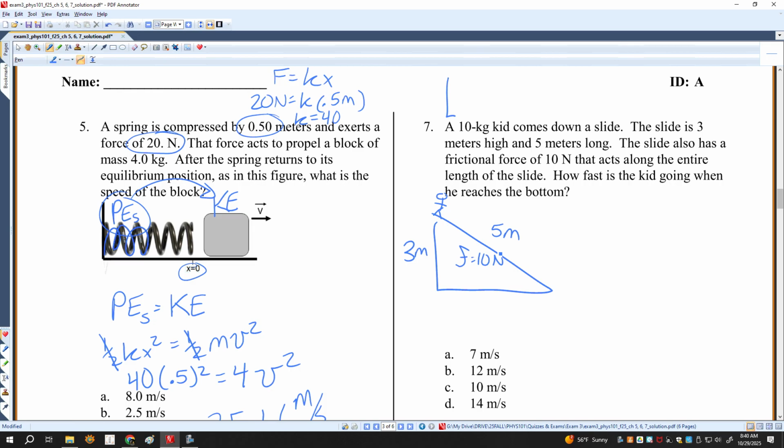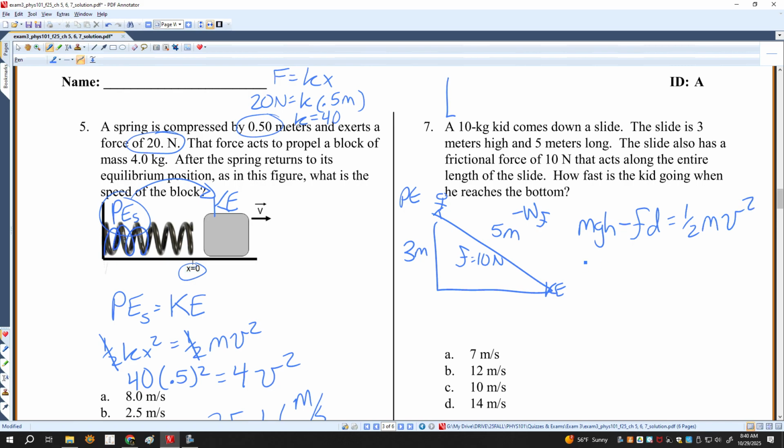Very similar. At the top he has only potential energy, at the bottom only kinetic energy, and along the way he loses the work done by friction. So that's mgh minus the work done by friction, that's F times d, is equal to 1/2 mv squared.